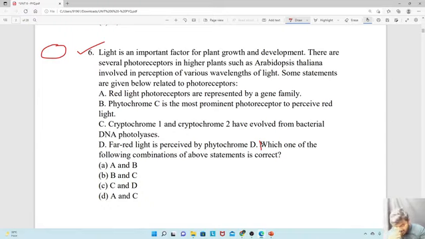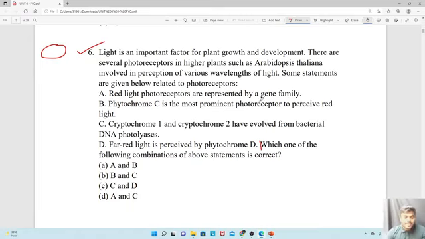Saima Sunita has given D. What about others? Savita, D. Anyone else?